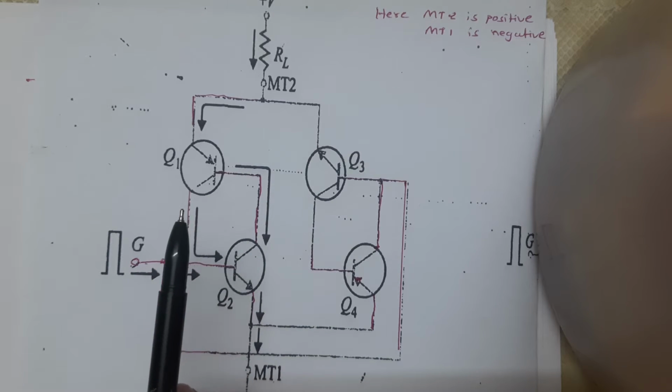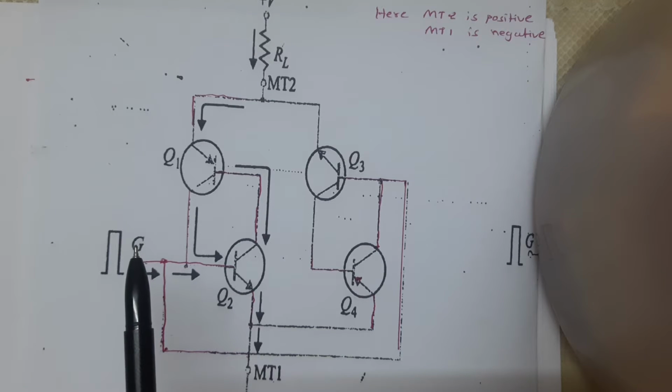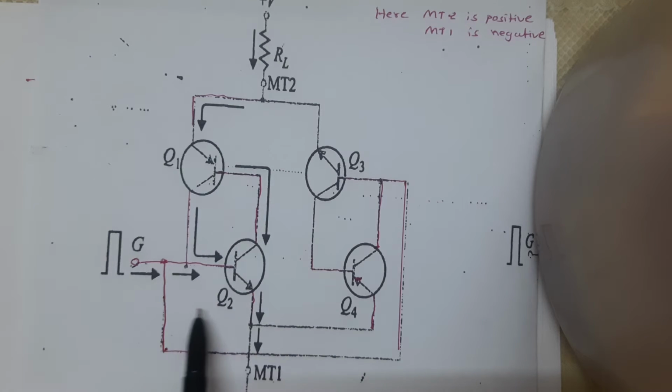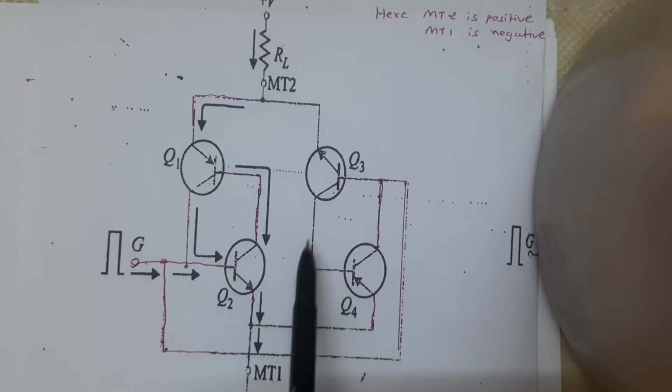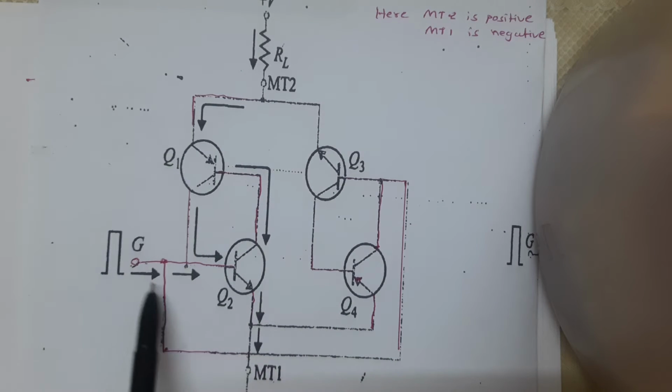So in the initial condition, when MT2 is positive with respect to MT1 and appropriate gate current is applied in the gate circuit, SCR1 is turned on while SCR2 remains off. So this part is turned on and this is switched off, because this is your SCR1 and this is your SCR2.